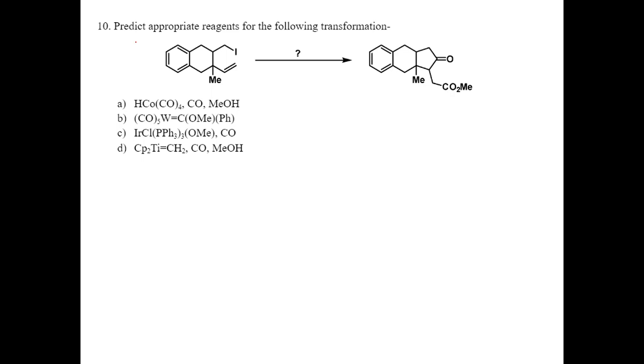From the product you can understand which type of reaction it is, and from there you can predict the reagents and the catalyst. Forget about this ring.